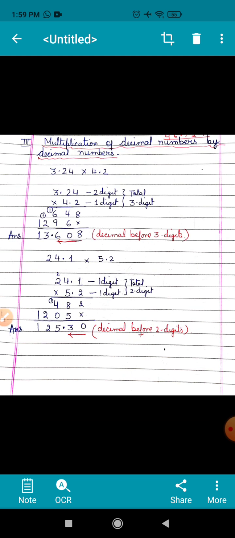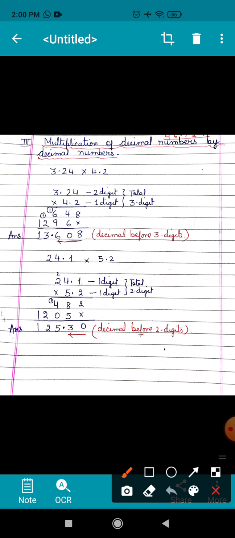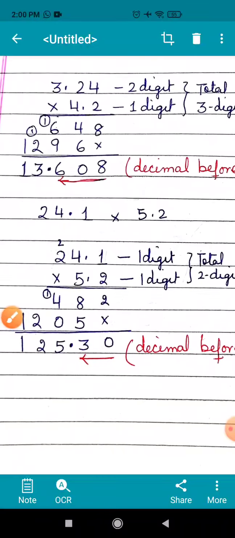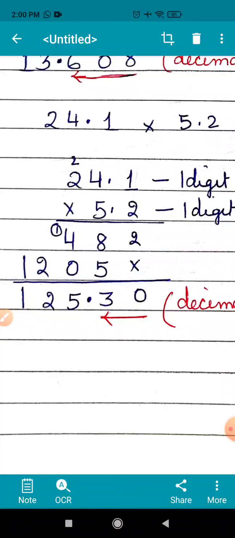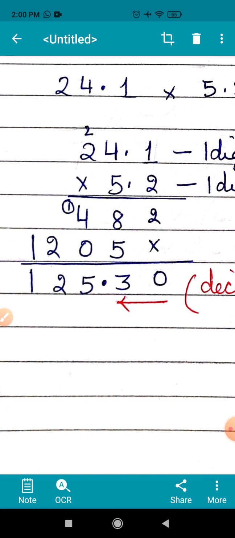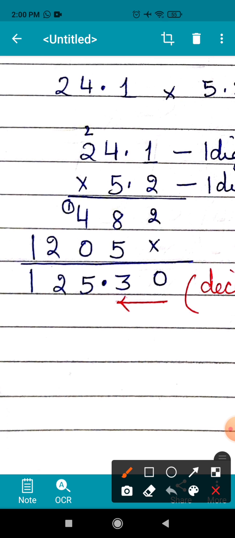24.1 multiplied by 5.2. I have written here 24.1 and 5.2 and we will do simple multiplication. Here you can see the simple multiplication I have done. Okay. And when we have added, the answer we have got is 12,530. Now the last step, we have to put decimal.